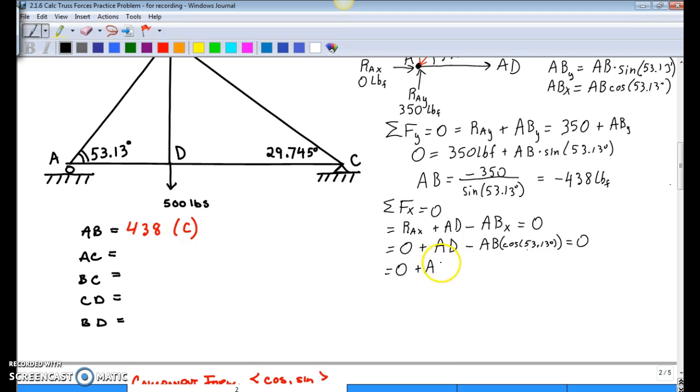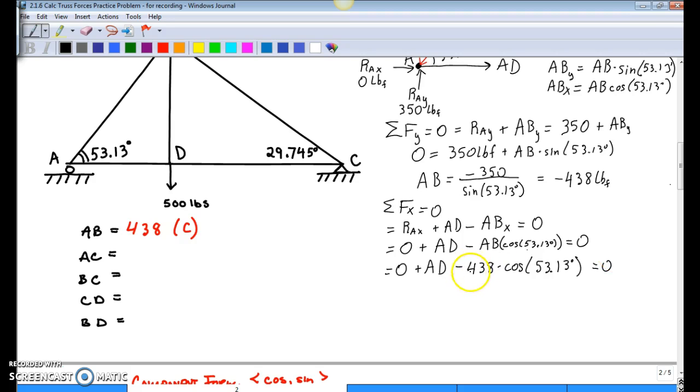Plus AD minus AB, which was 438, times cosine of 53.13. And again, that equals 0.